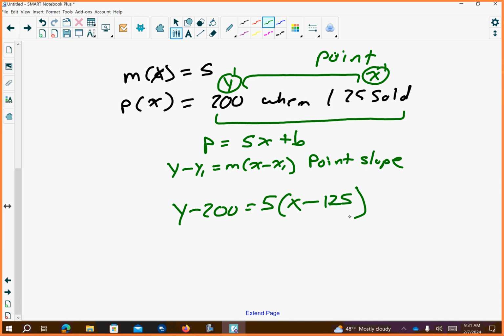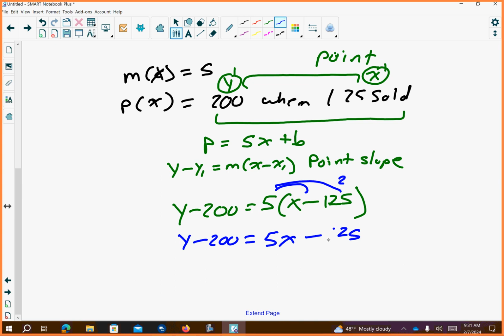And then if we wanted to solve this just to get y by itself, we have to rely on our good old-fashioned Algebra 1 skills, which we all loved. So 5 times x is 5x, and 5 times 125, what do you think? 5, carry the 2, 10, carry the 2, 1, so 625.